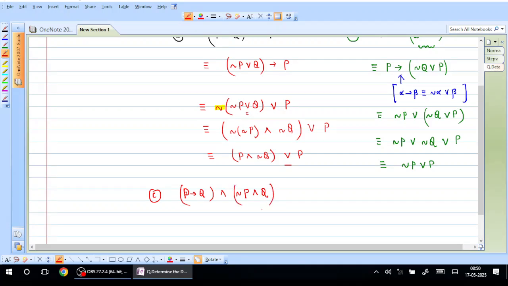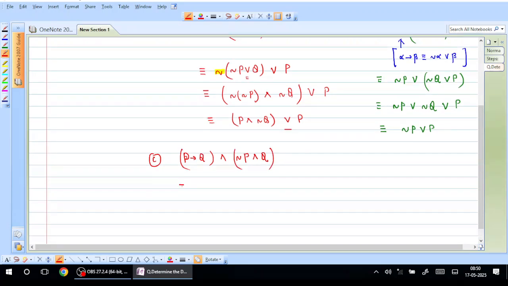So the first thing which I have to handle is what? Conditional. So conditional is appearing here. So it is not of P join Q, and here I have meet, not P meet Q.